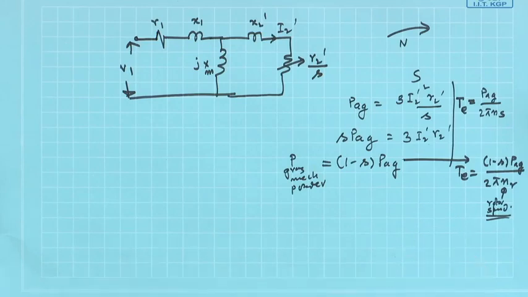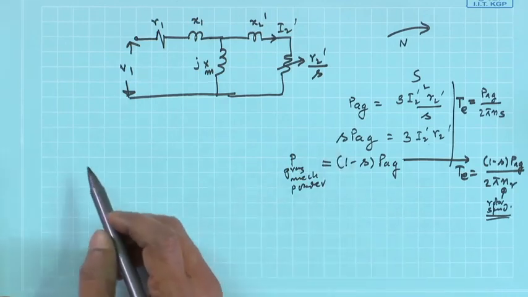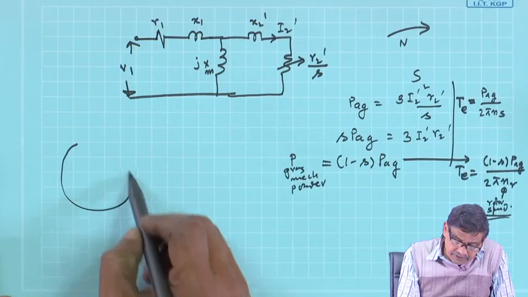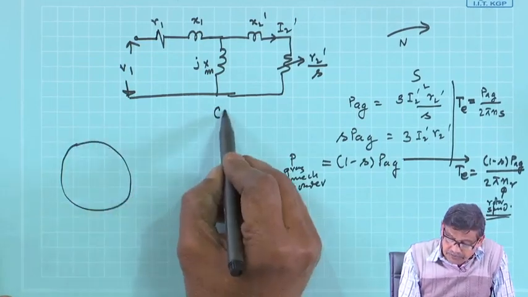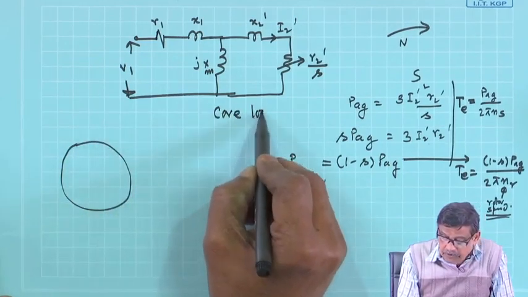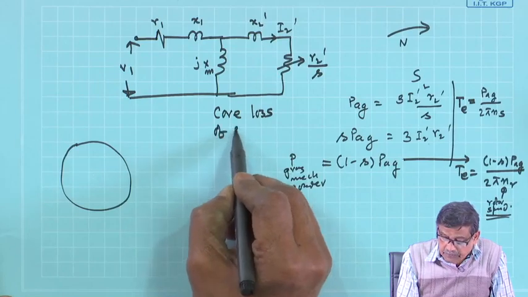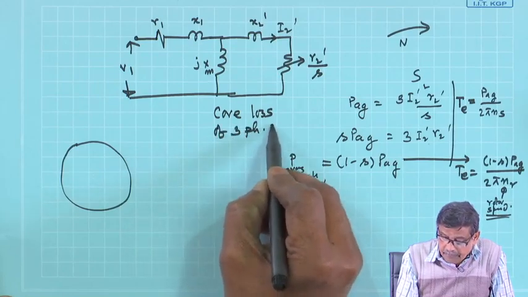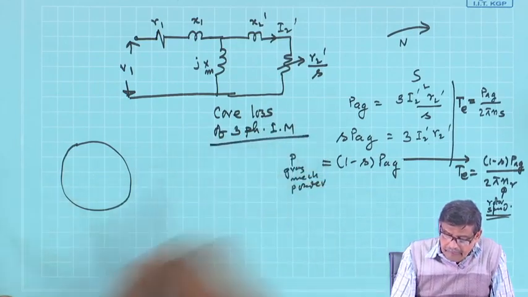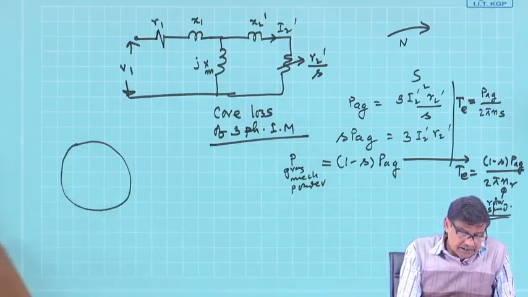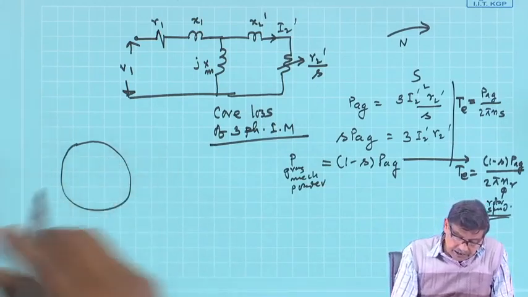Now, the question is, does the 3-phase induction motor have core loss? The answer is yes. Why? Because if you see the stator iron core loss, I am commenting on core loss of the 3-phase induction motor. So, suppose this is stator iron.